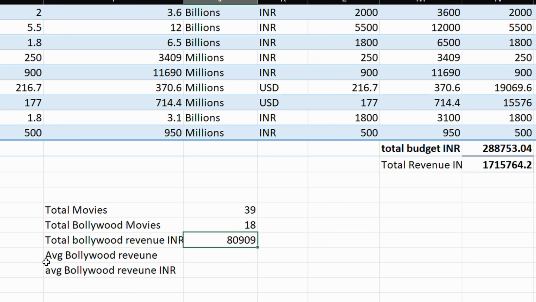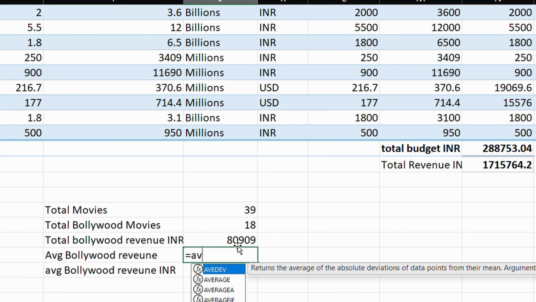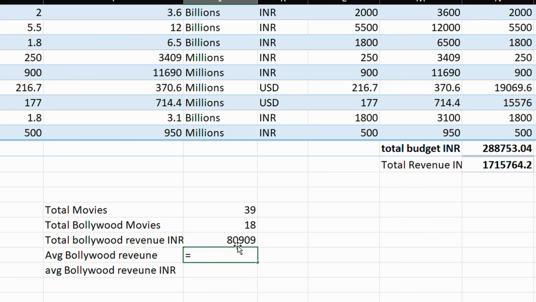Now you want to find the average revenue. What you can do is equals to average, or you can write directly this one divided by total Bollywood movies, right?